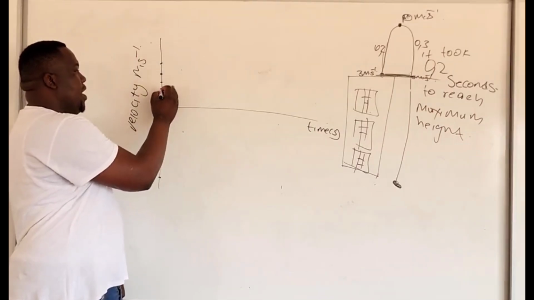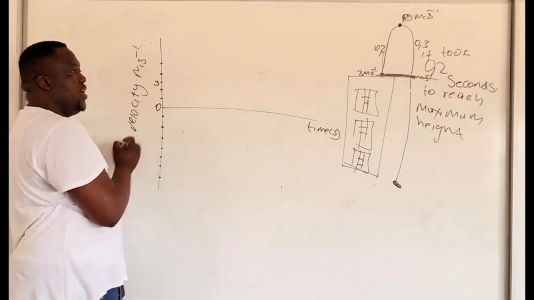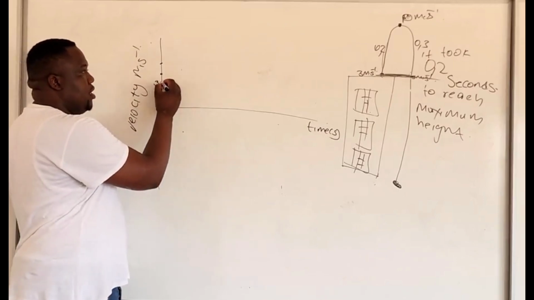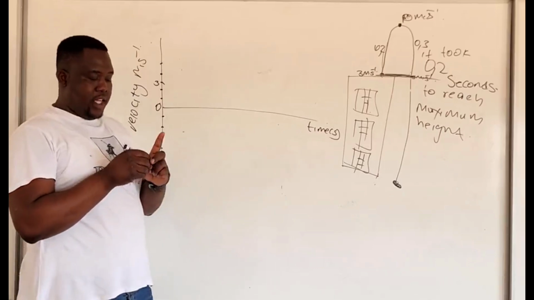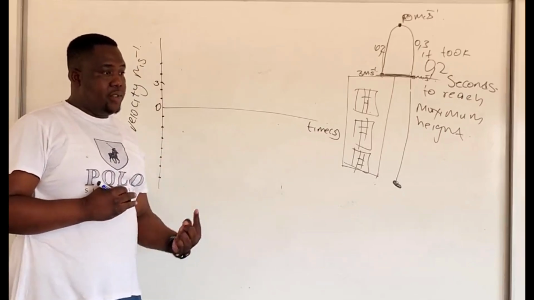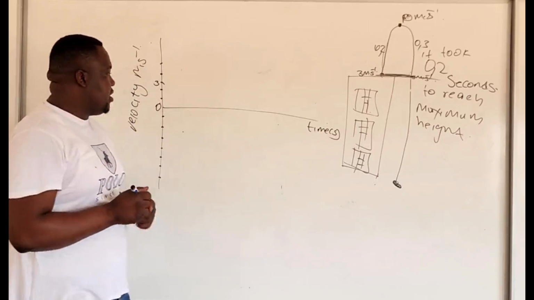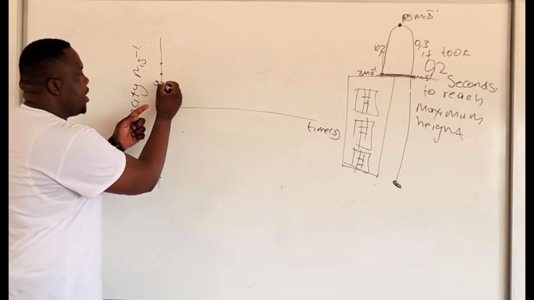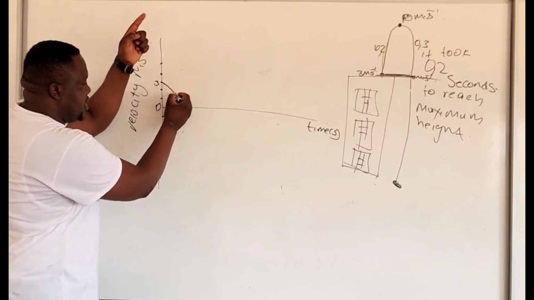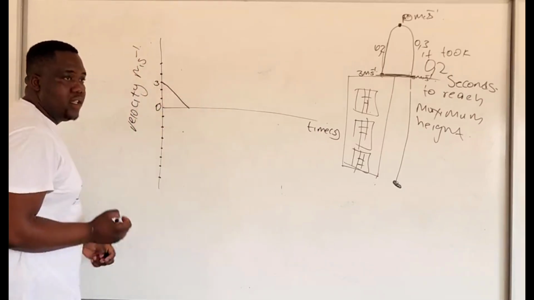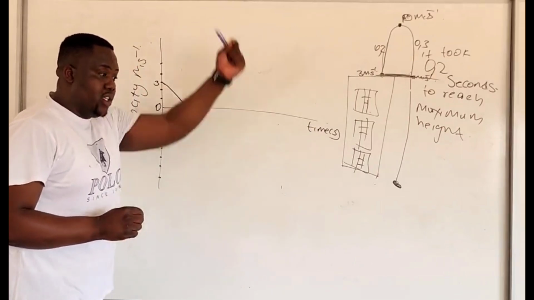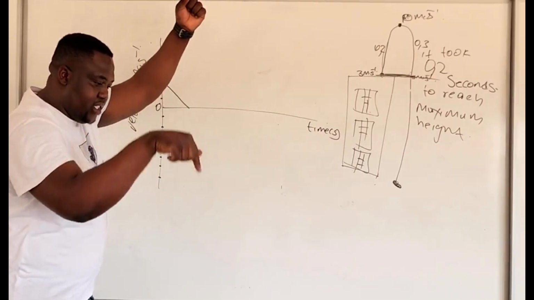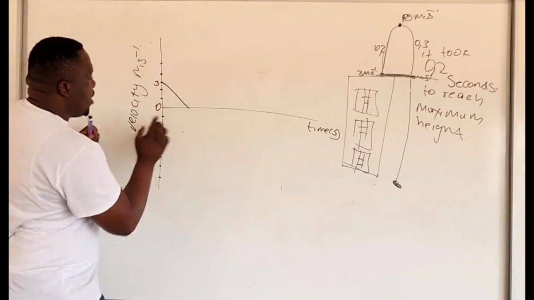So this will be at 3. You see? At 3. The object is moving up. As the object is moving up, what is happening to velocity? As the object is moving up, velocity is decreasing. That's what I said when I started to show you the graph, that as the object is moving up, its velocity will be approaching 0.